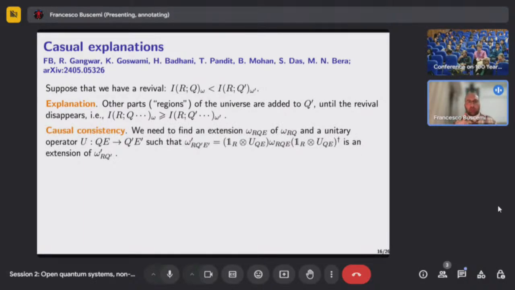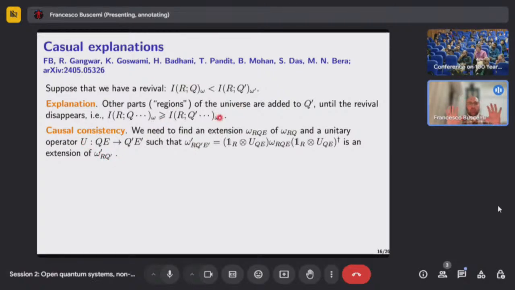But you have to do this in a way that satisfies causality, in the sense that you want to find an extension of your initial state between referent and system, and the unitary operator that takes QE to Q prime E prime, such that what you get after the unitary interaction is an extension of the state at later time.